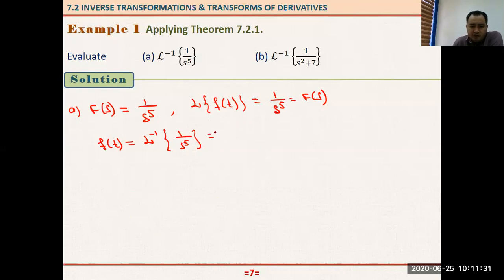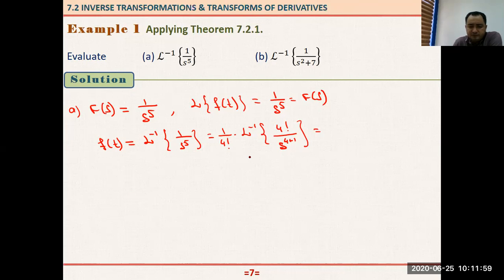That means that if I just multiply and divide by 4 factorial, I can write it as 1 over 4 factorial times inverse Laplace of 4 factorial over s to the power 4 plus 1. Here we have n factorial over s to the power n plus 1. What is it equal to?